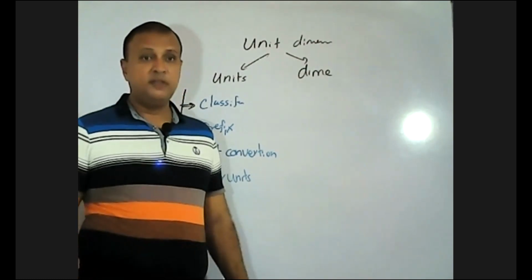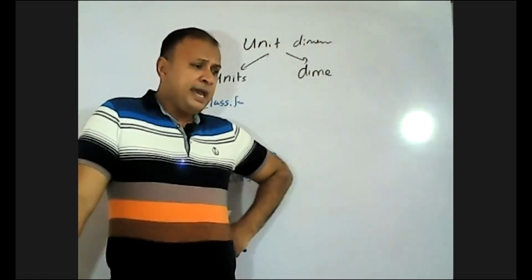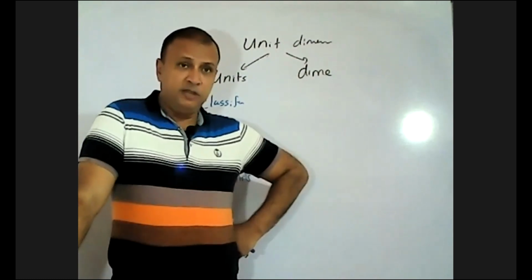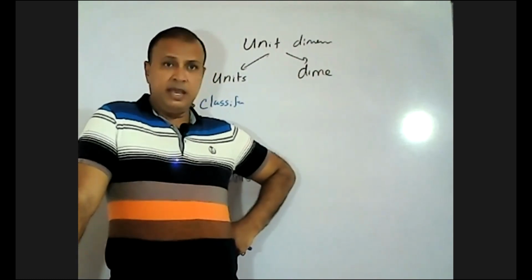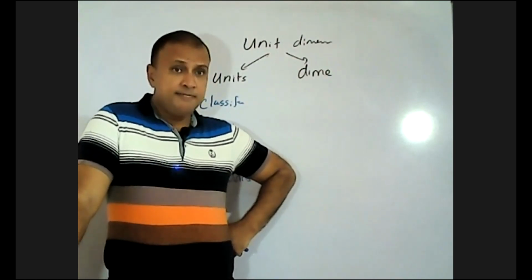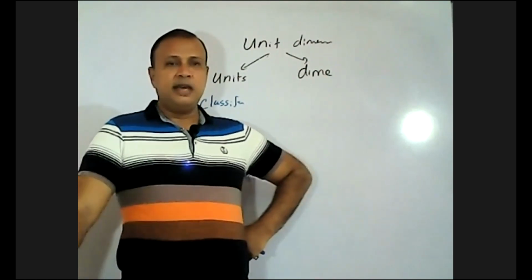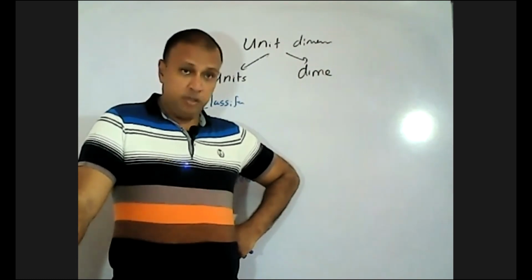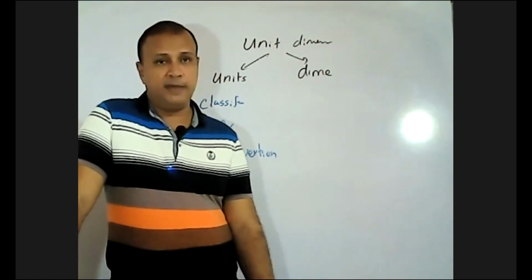It is better to derive those quantities again and remember their dimensions. Otherwise, you can remember the formula. Either method you can use, but you should remember either the dimension or the formula.